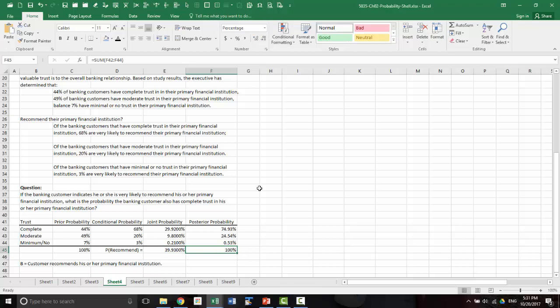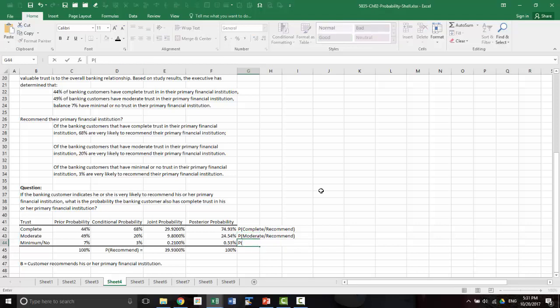So what are these probabilities? This is the probability of complete trust given they recommended their primary financial institution. So these are the posterior probabilities. Probability of moderate trust given they recommended their primary institution.